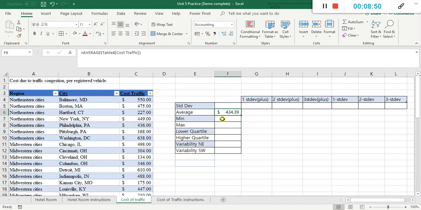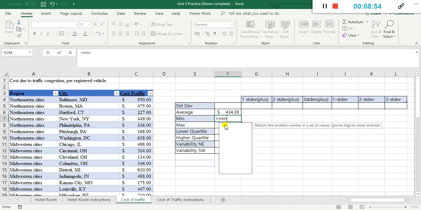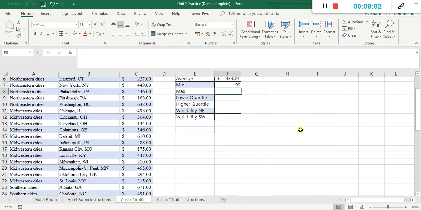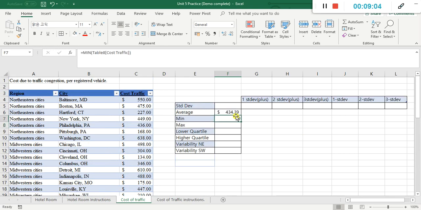Max value, min value. In this one it's equals min. Remember, minimum number. I need to select the range, and then I have to convert it again to English, or I can just select all of them. If I can do it in just one shot, I will do all the calculations, and once I'm done, I can transfer them all to USD.